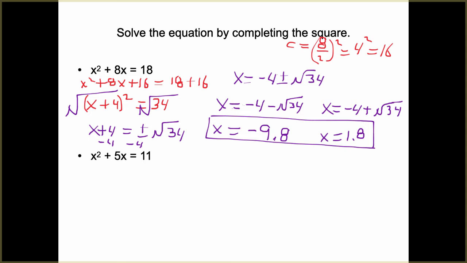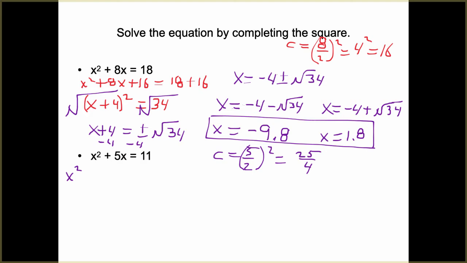So our c is 5 over 2 squared. I prefer keeping them as fractions because you have a tendency to want to round decimals when you can't round them yet. If we have 5 over 2 squared, we bring the square into both things, and we get 25 fourths. This is what we're going to add to both sides.